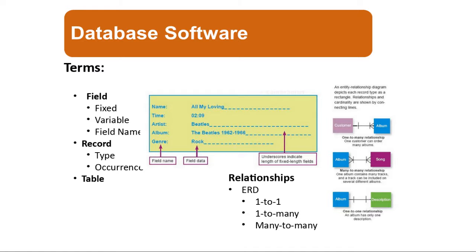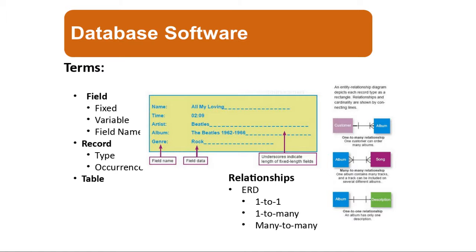The entity relationship diagram, or something called cardinality, is the relationships between different table or record types, which means tables, okay? The ERD is the relationship between different record types. We can have a one-to-one, one-to-many, and many-to-many.